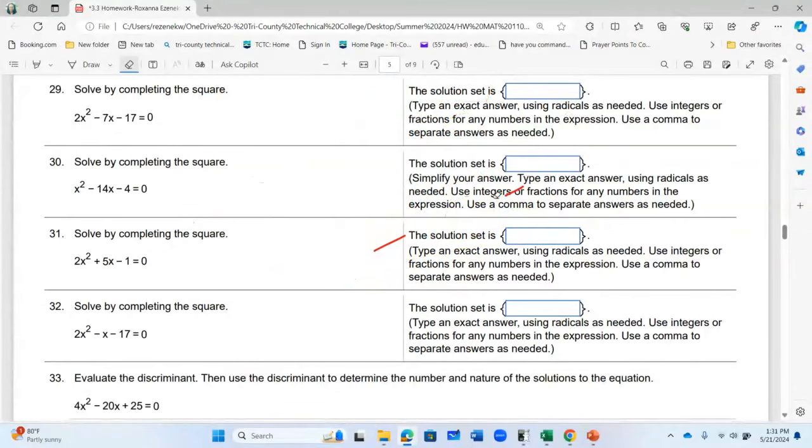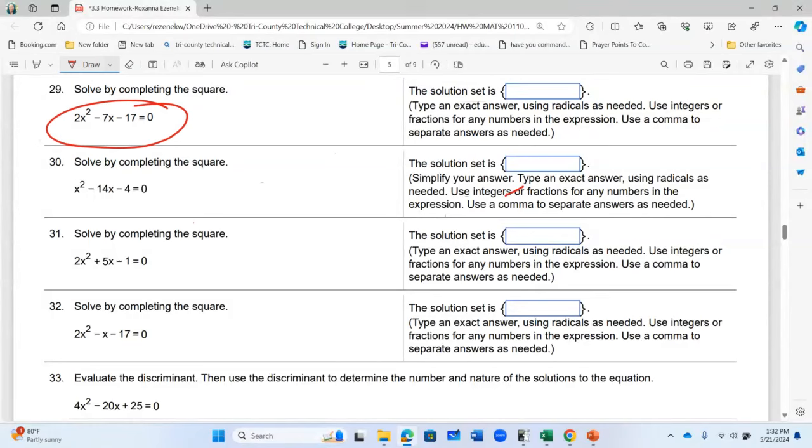So on this one, let's talk about an equation that has a leading coefficient. The leading coefficient is not 1. You are trying to complete the square, but the leading coefficient is not 1. It's going to be a little bit long. So let's go to number 29 and try that.